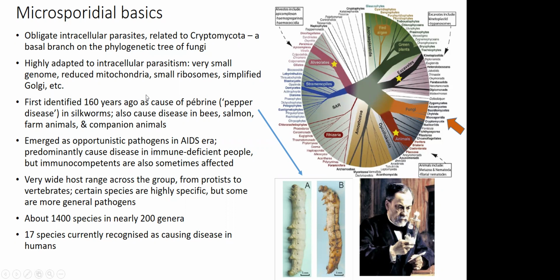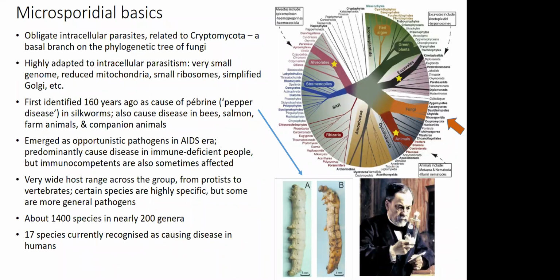So these are very interesting parasites in that they have a remarkably reduced genome. In fact, the smallest eukaryotic genome ever described. The smallest one of this group is only 2.3 megabases, I think, which is really very, very small.